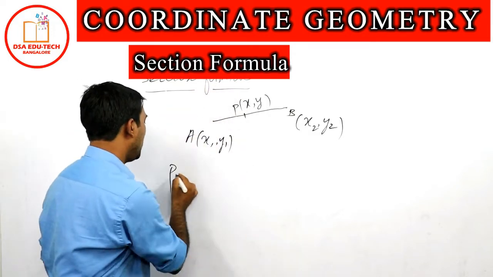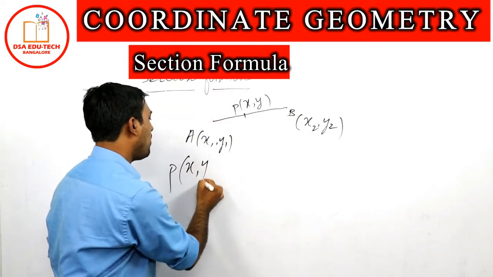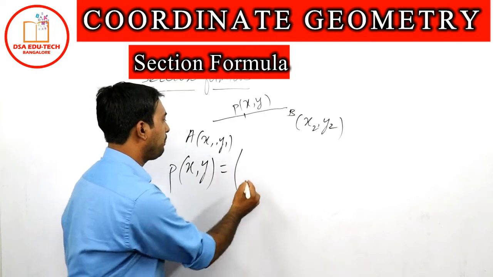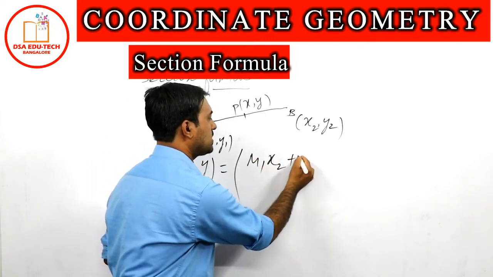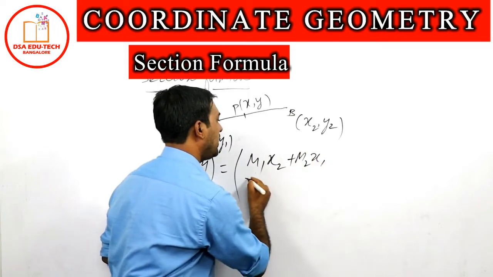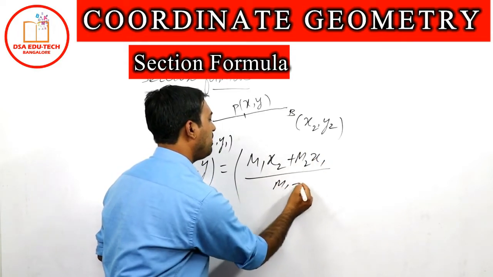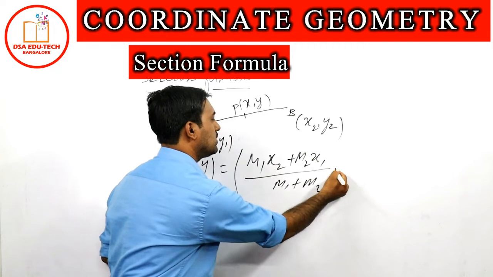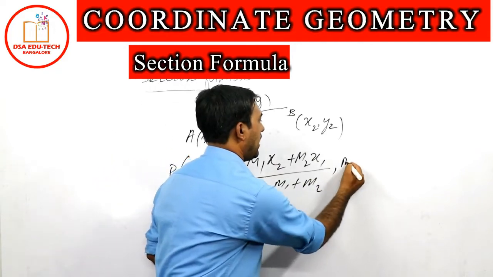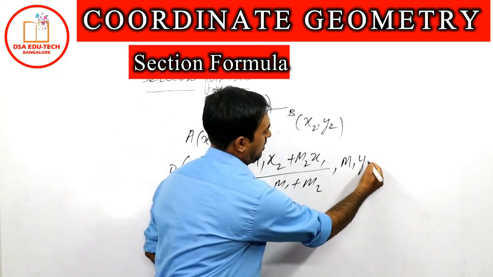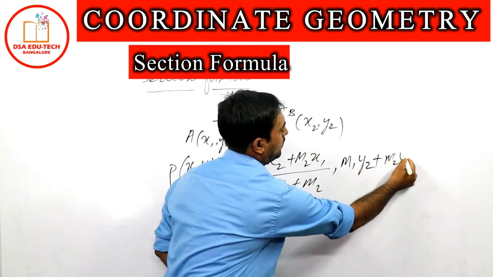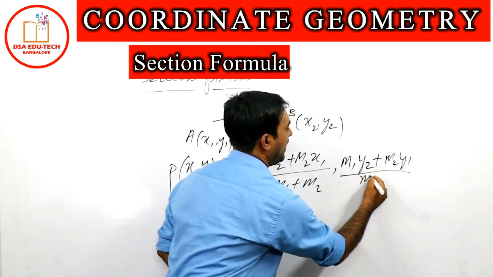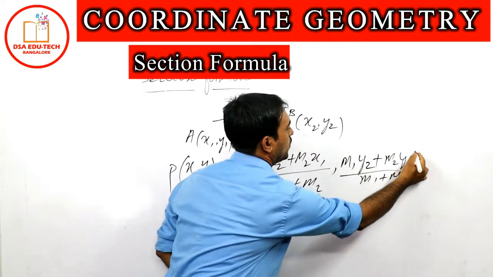The formula is P of (x, y) equals (m1 x2 plus m2 x1) divided by (m1 plus m2), and (m1 y2 plus m2 y1) divided by (m1 plus m2).